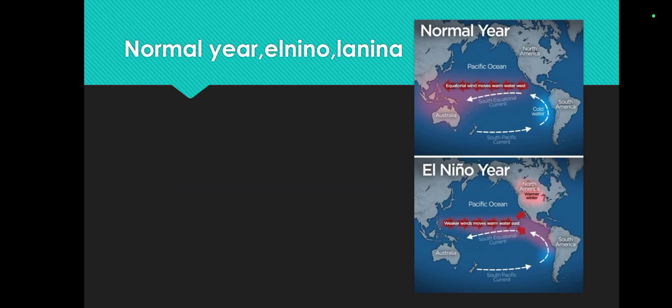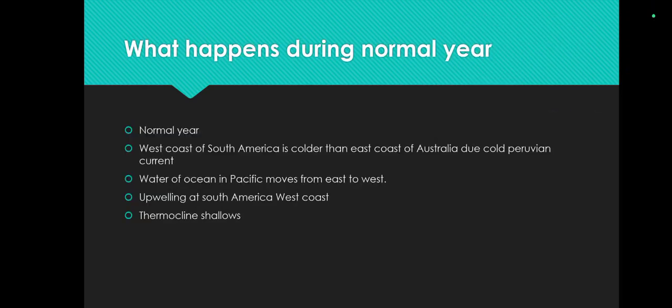Here you can see that in the normal year, this western coast of South America is colder than the Australian east coast, and water of the ocean in the Pacific moves from east to west due to the Walker cell, and upwelling happens at the South American west coast, and during the normal year the thermocline gets shallow. I'll explain how.